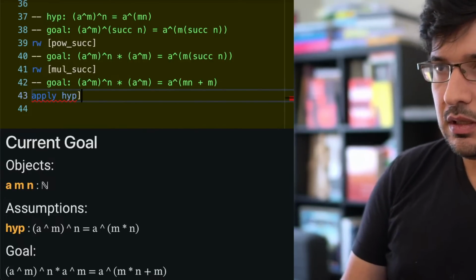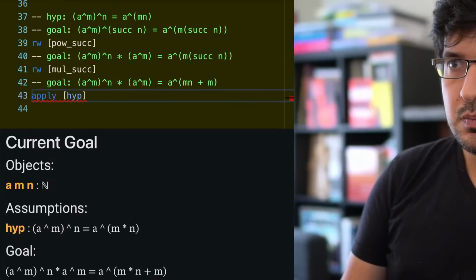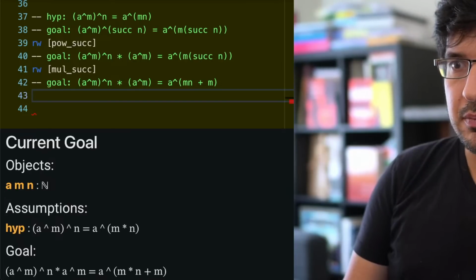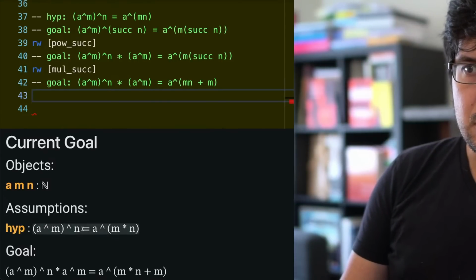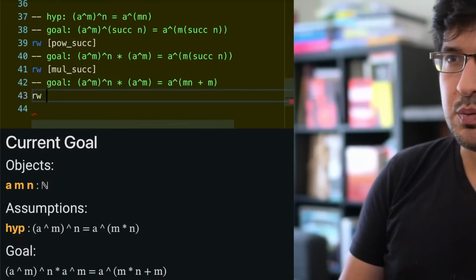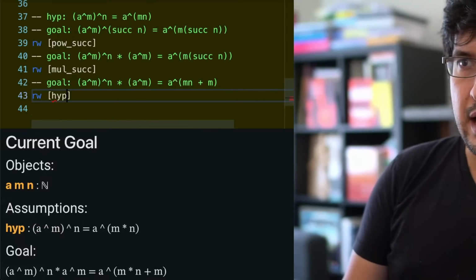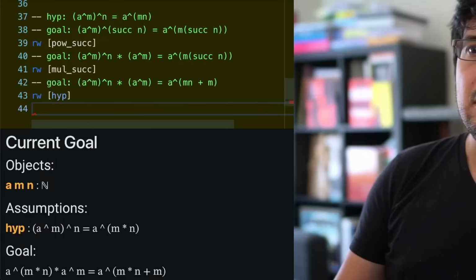Do I put this in a list? How do I apply the inductive hypothesis again? Because we assume this part. We rewrite with that, don't we? Yeah, that's what worked.